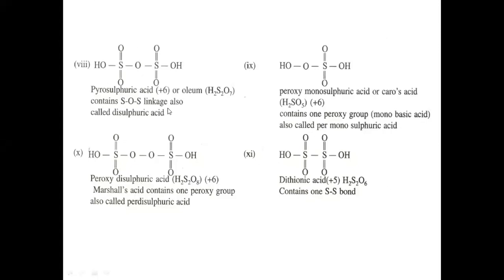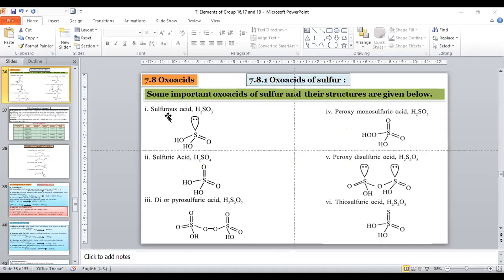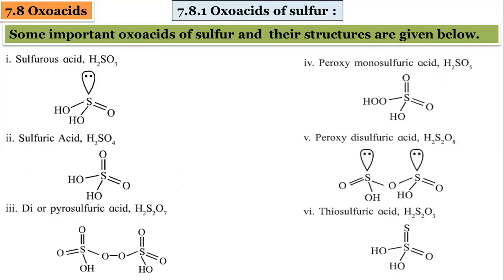I will make the correction in the PPT and I will send it again. So again, I am coming to the structures of the next one. Yes, this H2S2O7 is wrongly written.